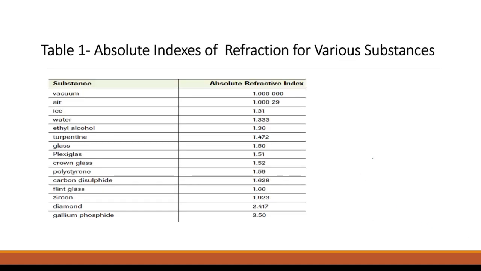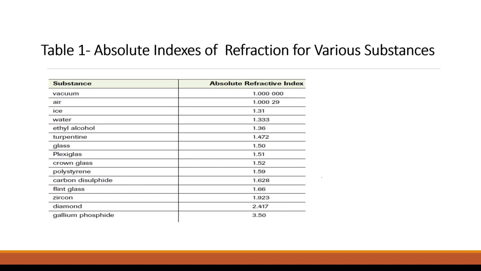Here are some interesting absolute indices of refraction for various types of materials, fluids, and different types of mediums. Notice for a vacuum we have 1.0000, and air is very close, but it still has some refraction.